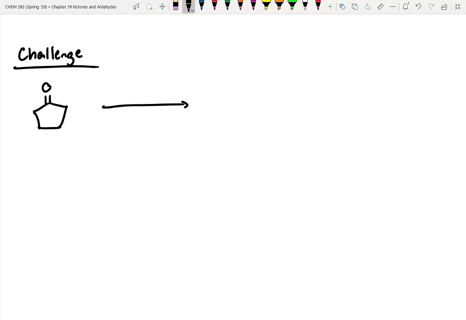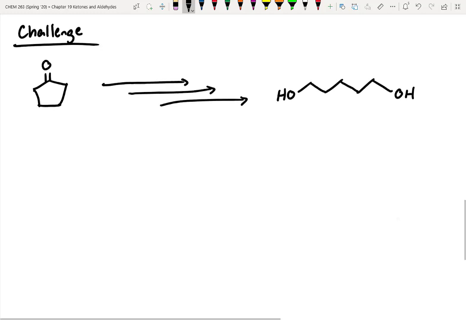And my goal is to create a molecule that is a diol. So we're attempting to make this molecule. We're not quite sure how, but the question is, how can we get this ring system to break open?